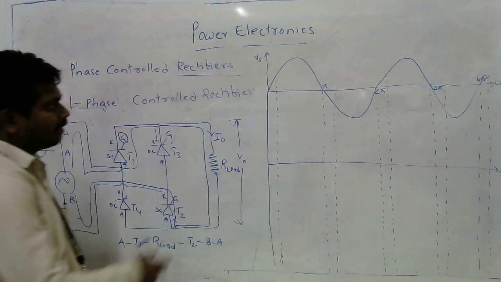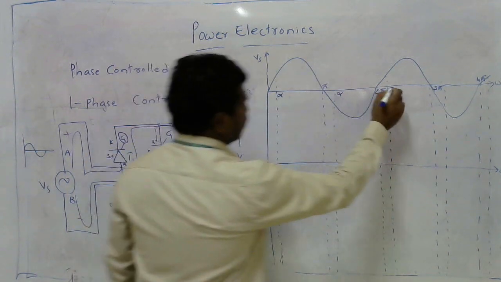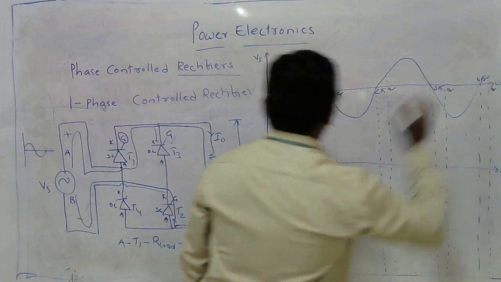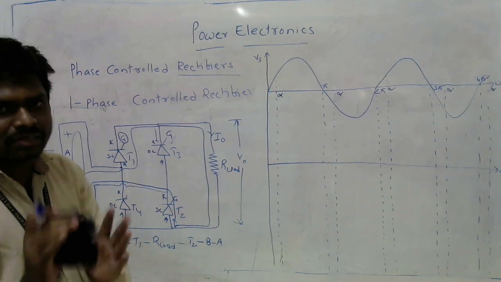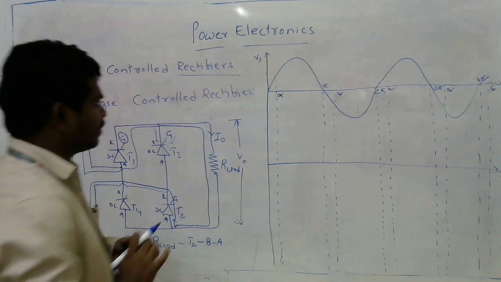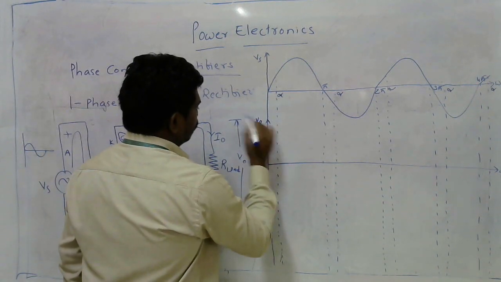So the alpha angle that I am taking here, this is my alpha, like this I am taking. As we know, only after giving the gate signal is our thyristor going to come into the conducting state from its forward blocking state. Look at this, I am drawing the output voltage.